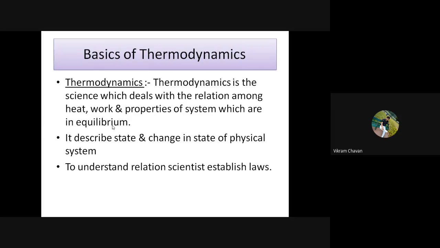The first is the first law of thermodynamics, then the zeroth law of thermodynamics, then the second law of thermodynamics. These are the basic laws, and we require that knowledge to understand the conversion or relationship between heat and work and properties of a system which are in equilibrium state.